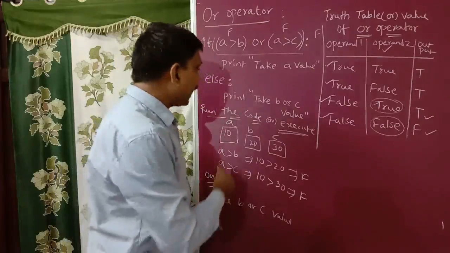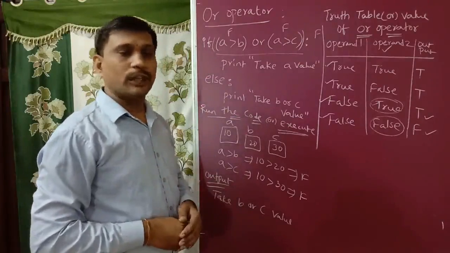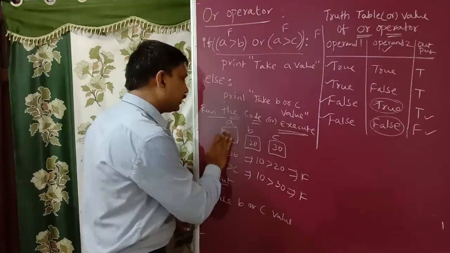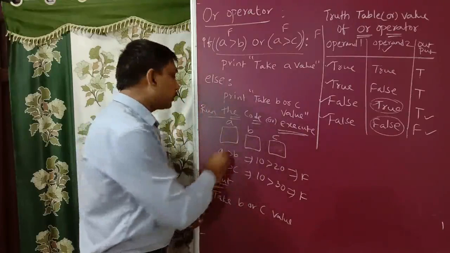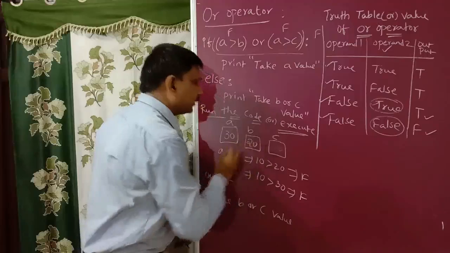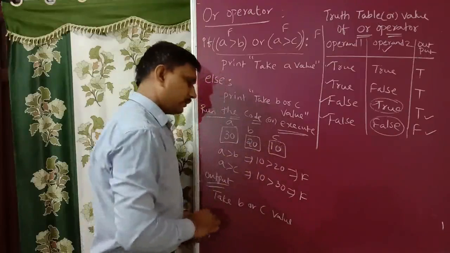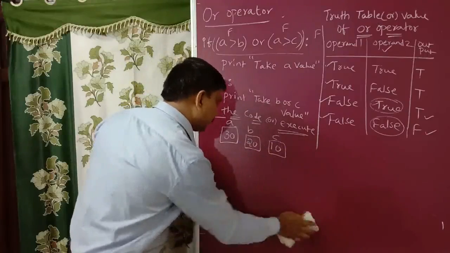Now I execute the same code with different values. Suppose I give A as 30, B as 20 and C as 10.